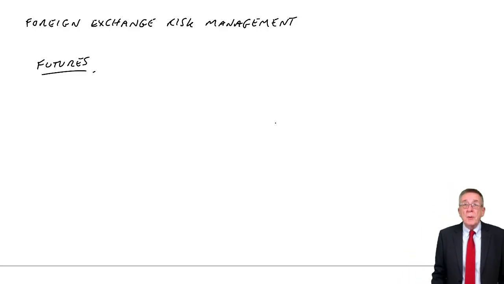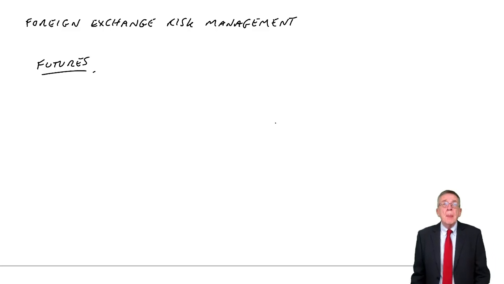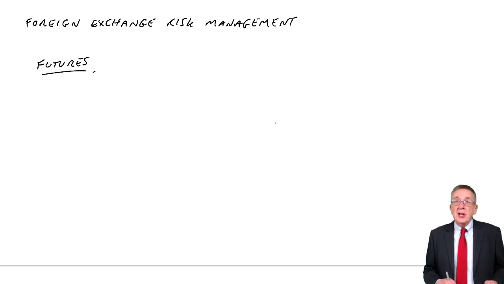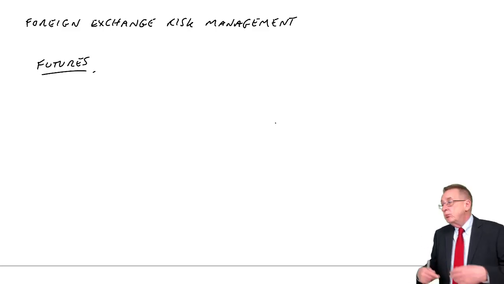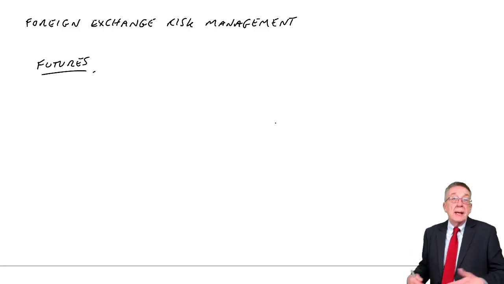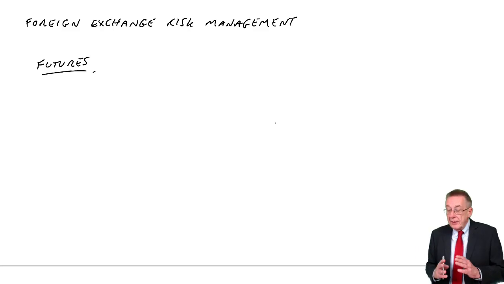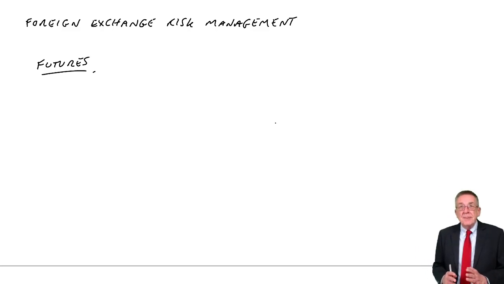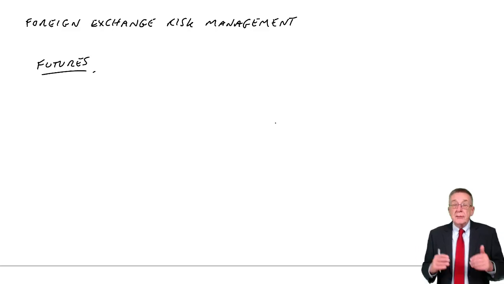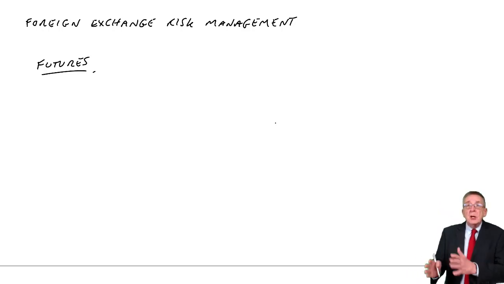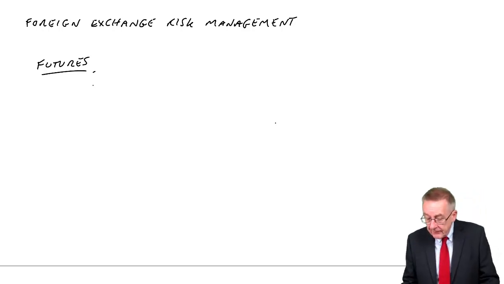You know very well from what we did on forward rates, the bank will give you an exchange rate now to apply in a month's time or 2 months' time or whatever you've asked for. With futures, they give you a rate now for conversion on a future date, but it's only set dates.